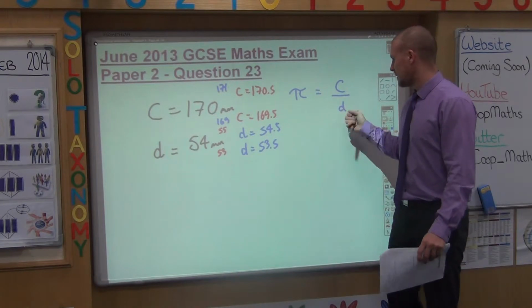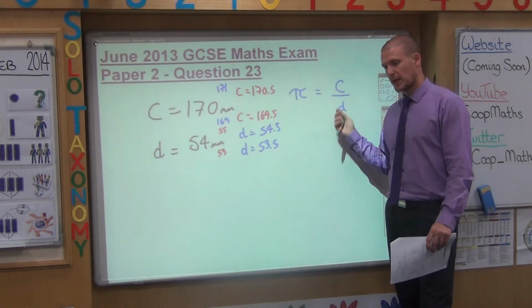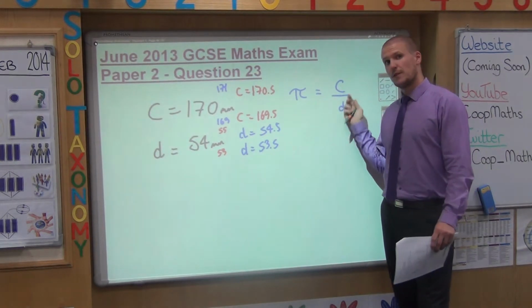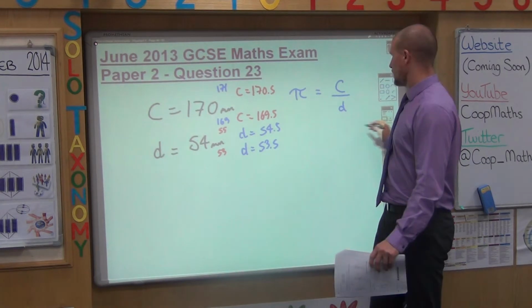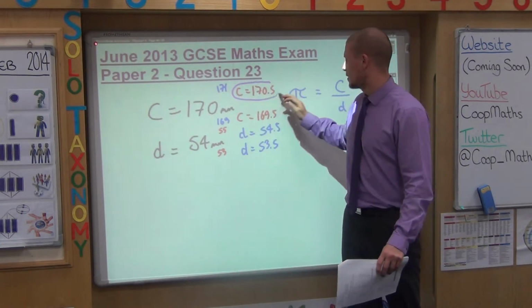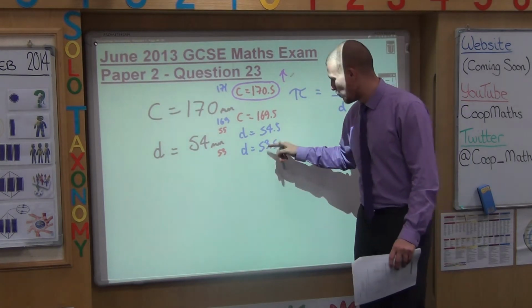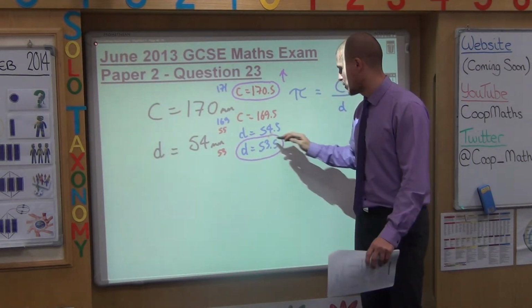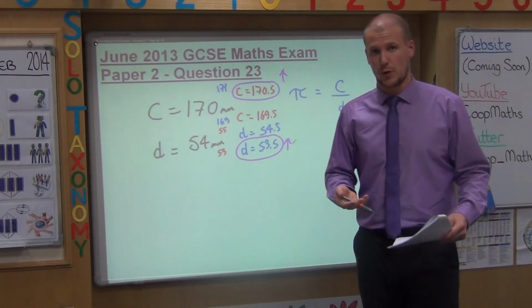Because you're dividing by D, the bigger D is, the smaller the whole thing is. And the smaller D is, the bigger the whole thing is. So the biggest C can be contributes to the whole thing getting bigger, and the smallest D can be also contributes to the upper bound of the whole thing.